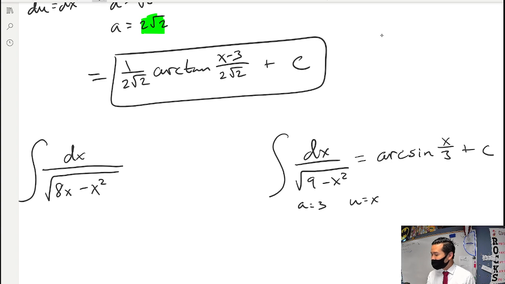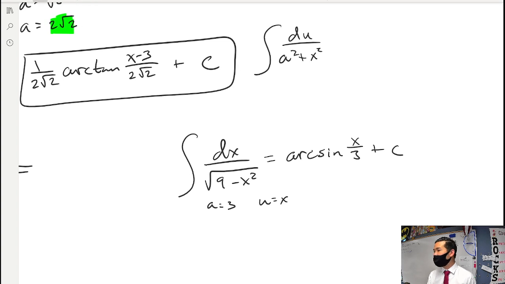The arctangent one is going to be the integral of du over a squared plus u squared. There's no square roots. That's how you can tell the difference. If there's no square roots and it's a squared plus u squared, then this one's going to be 1 over a arctangent of u over a.